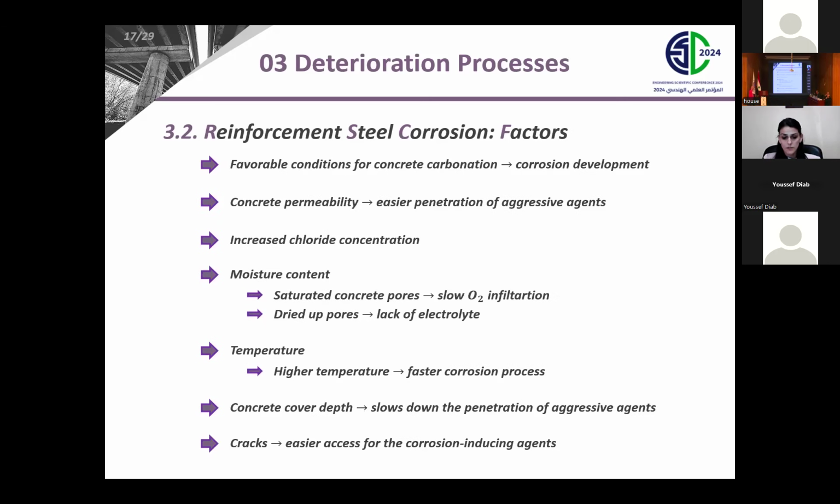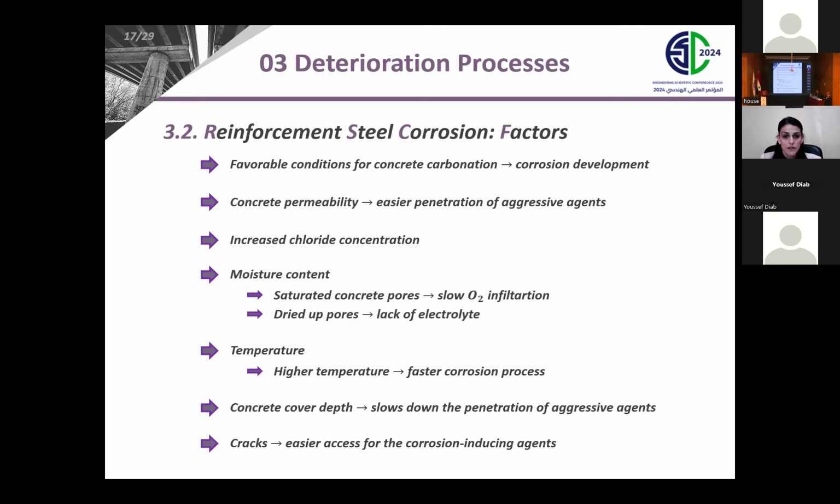Now, let's look at some of the factors affecting the process of corrosion. As it is a direct result of the concrete carbonation, the aforementioned factors that contribute to concrete carbonation also speed up the corrosion process.